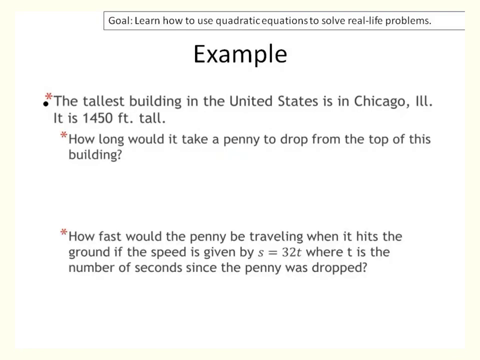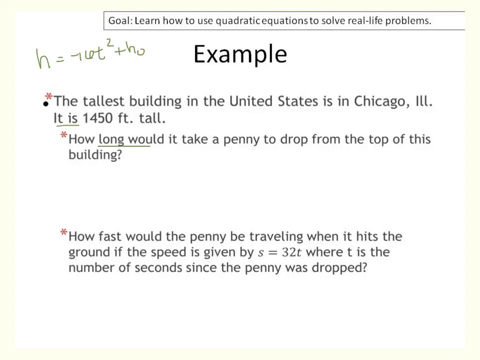So we're going to use that equation to figure out how long it's going to take a penny to drop from the top of the tallest building in the United States. So h equals negative 16t squared plus h naught is our equation. So I'm looking for how long. So I'm actually looking for time.